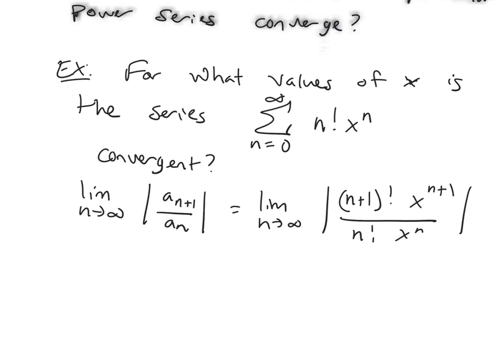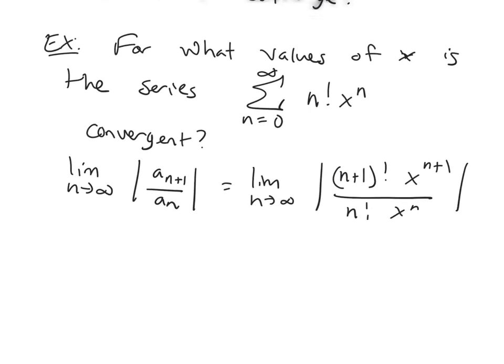And remember, we group our like terms together. They're already grouped together. My first term on the top and bottom are both factorials. My second term on top and bottom are both my powers of x. So I'm ready to simplify. What's something we could do to simplify here?